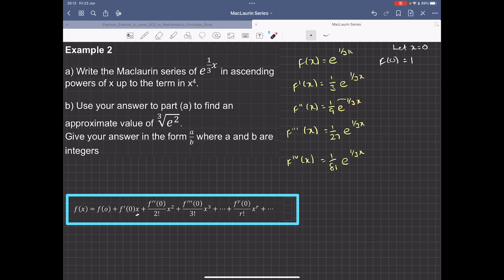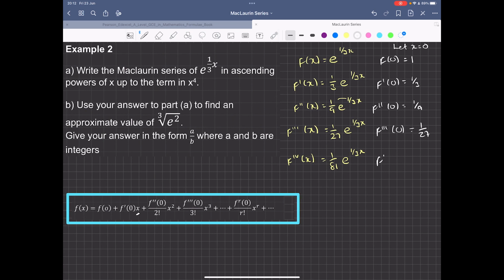And actually, each of these exponentials will become 1, so each of these will become our solutions. So the first derivative of 0 will be 1/3. The second derivative will be 1/9. The third derivative, 1/27. And the fourth derivative, 1/81.